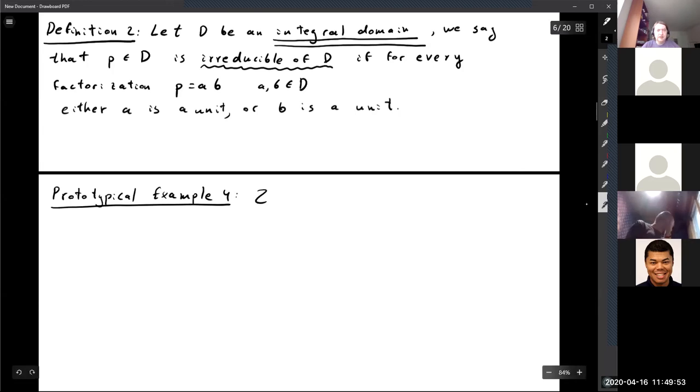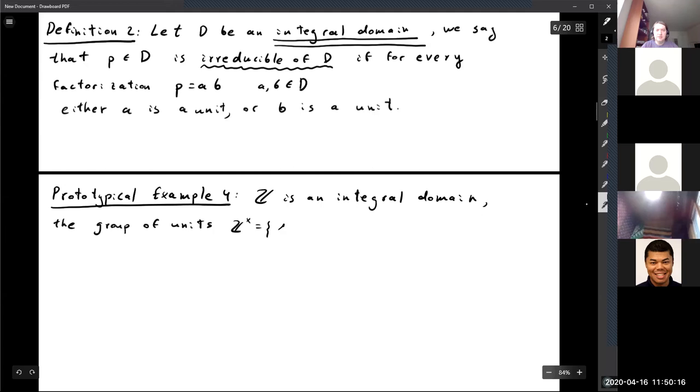We know that Z is an integral domain, then the group of units Z cross just consists of two elements, 1 and -1. These are the only elements which have multiplicative inverses.